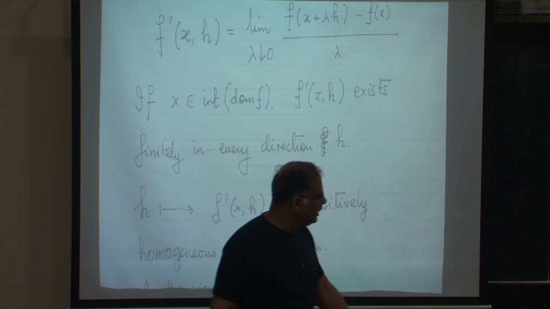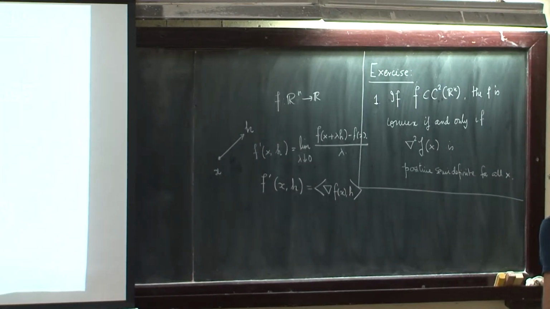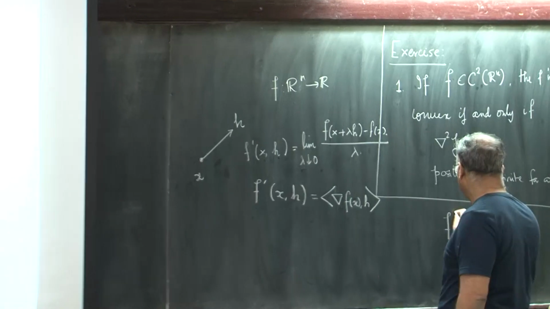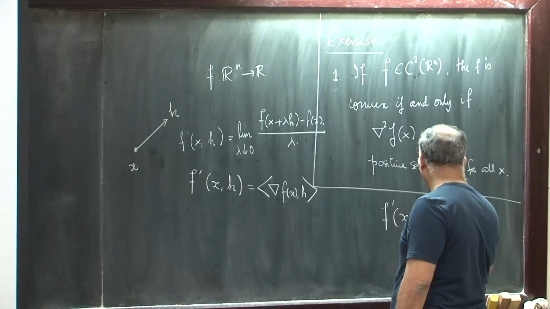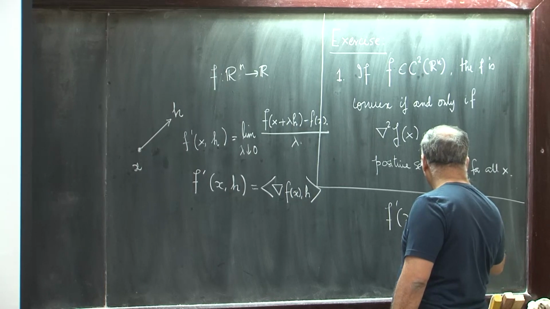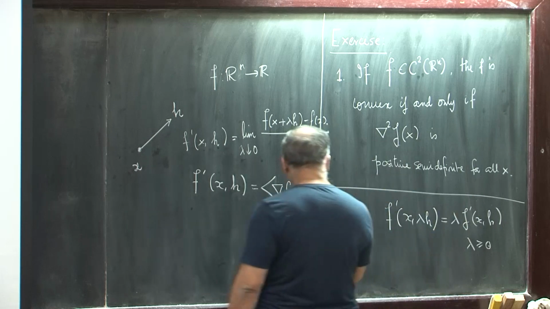Positively homogeneous means that it satisfies this property: f dash x of lambda h is equal to lambda f dash x h, where lambda is greater than or equal to 0. This property is called positive homogeneity.